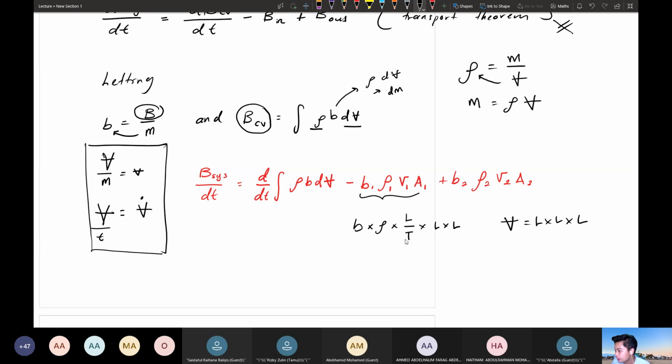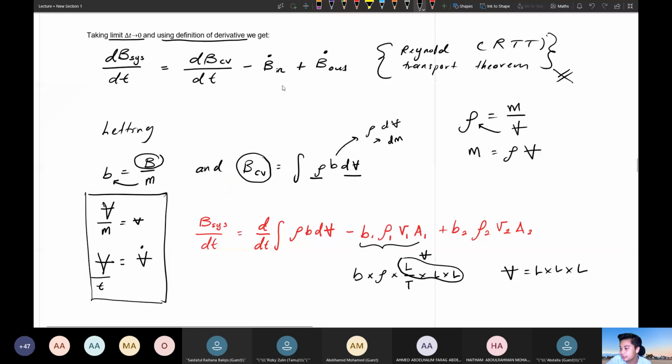So volume divided with time, multiplied with the density, the volume multiplied with density is the mass. Mass multiplied with b is the capital B. So capital B divided with time is the change of capital B. It is the same thing here.